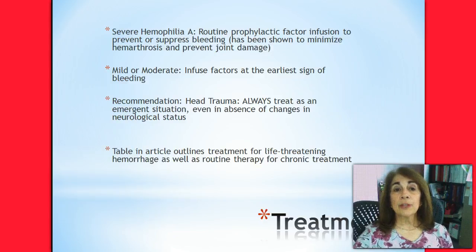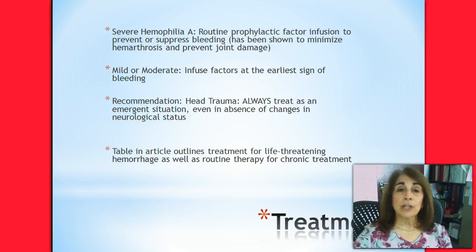With severe hemophilia A, the treatment recommended is routine prophylactic factor VIII infusions to prevent or suppress bleeding. This has been shown to minimize hemarthrosis and prevent joint damage. Treatment for mild or moderate hemophilia A is to infuse factors at the earliest signs of bleeding.